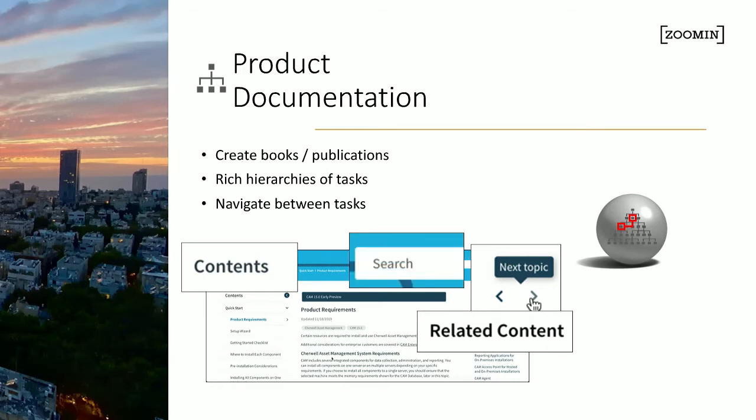Because if you perform a search, for example, and you go to one topic and you might be in a related topic, but it's not quite what you're looking for, then you use all of these tools that you see on the screen now to find the content that you're looking for. And since documentation is built to be read, it's very important, of course, to be able to find your content. So this navigation through your tree of tasks is essential to making your content work.